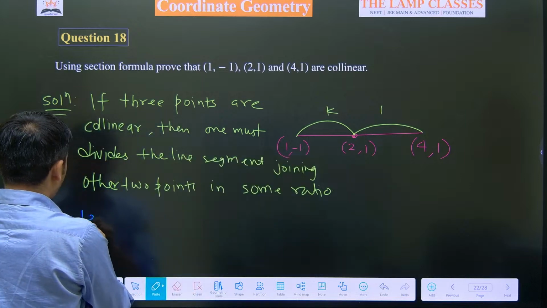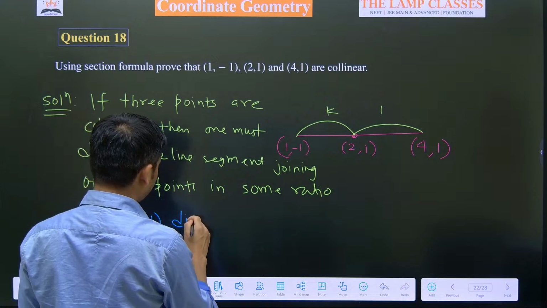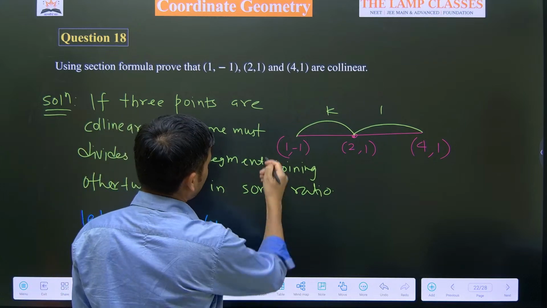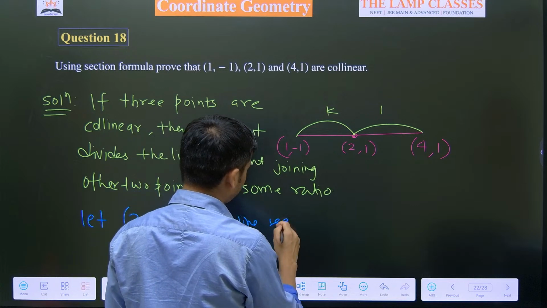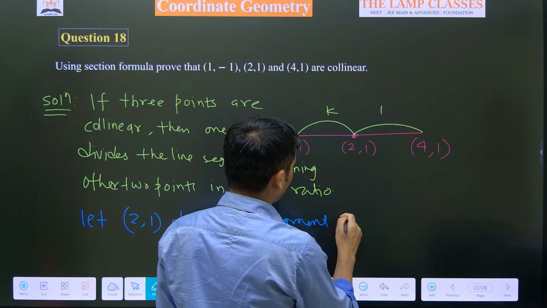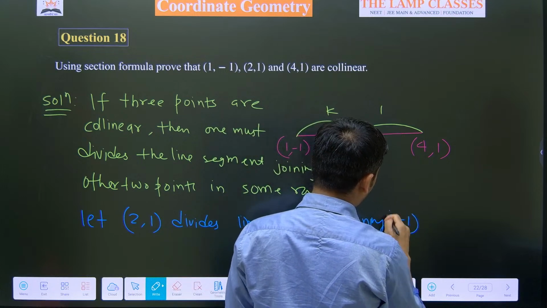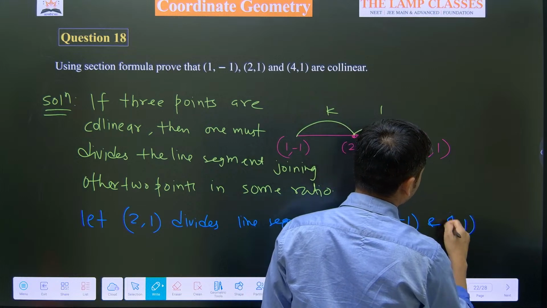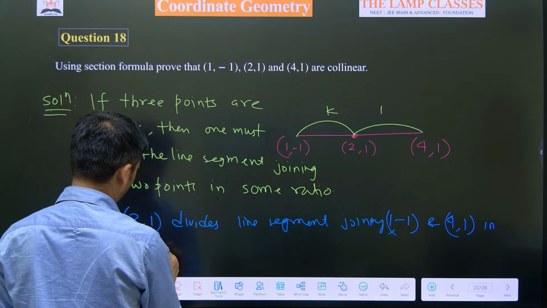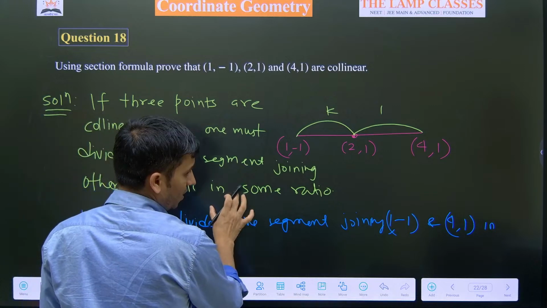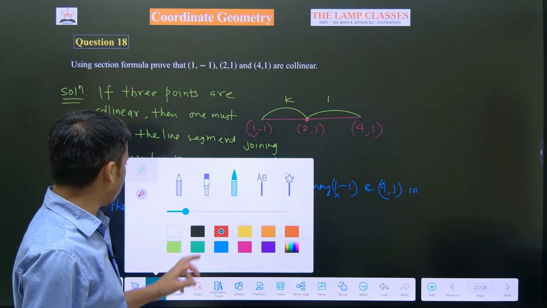So let 2 comma 1 divide the line segment joining 1 comma minus 1 and 4 comma 1 in the ratio k is to 1. If that's the case, can we find the coordinates of that point in terms of k, guys?